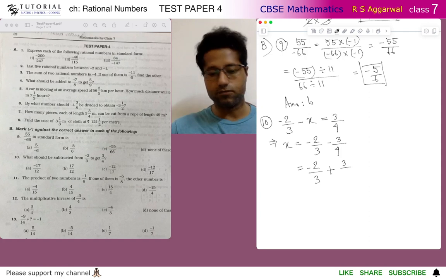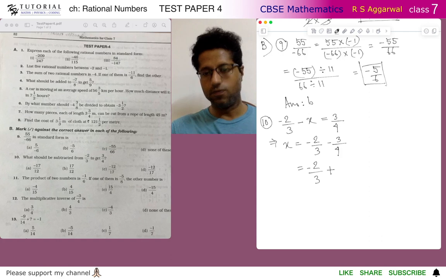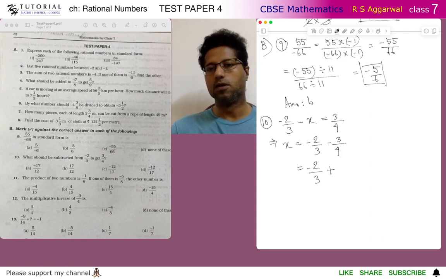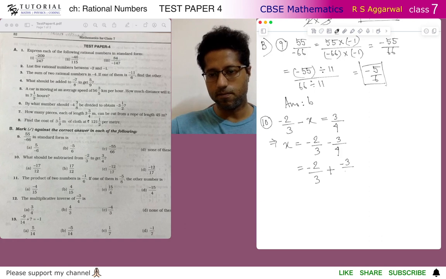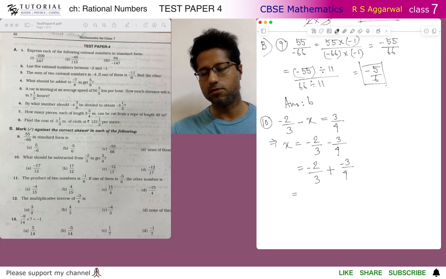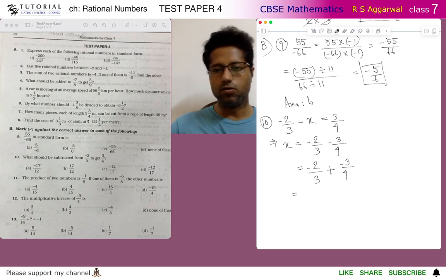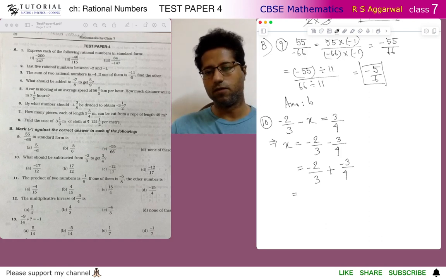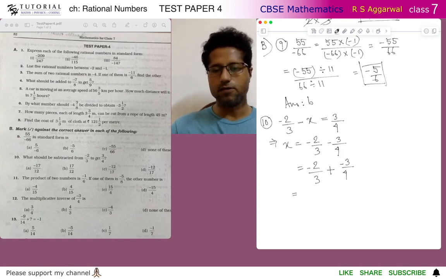We are subtracting the rational number 3 by 4 from minus 2 by 3, so that means it is addition of the additive inverse of 3 by 4, which is minus 3 by 4. So now this is addition of two rational numbers. Now we will convert them to their equivalent form, so that both have a common denominator, the LCM of 3 and 4, which is 12.